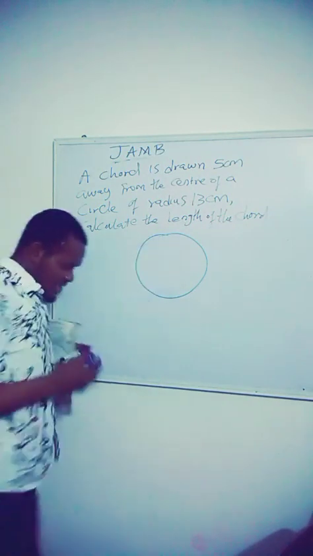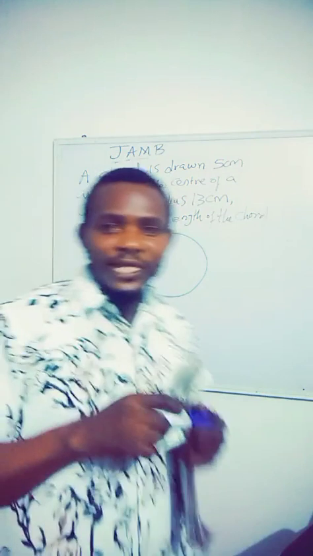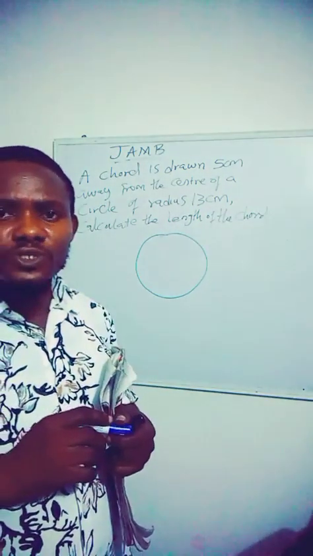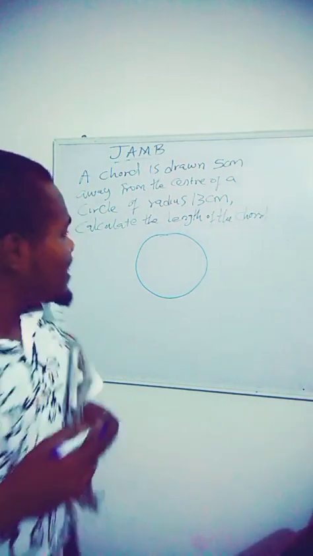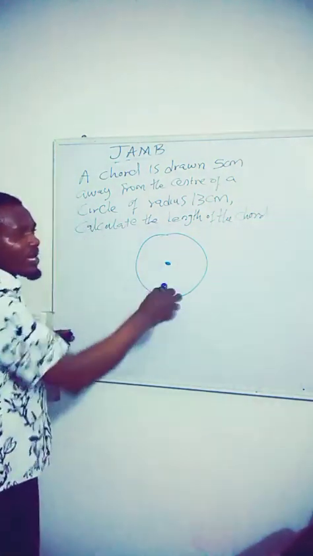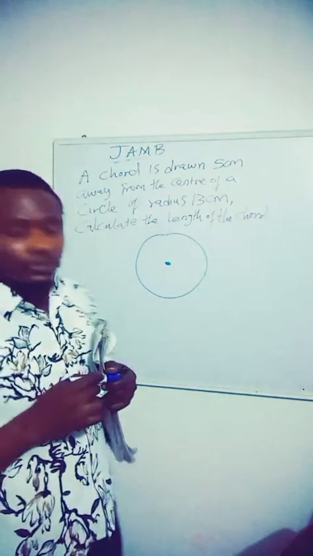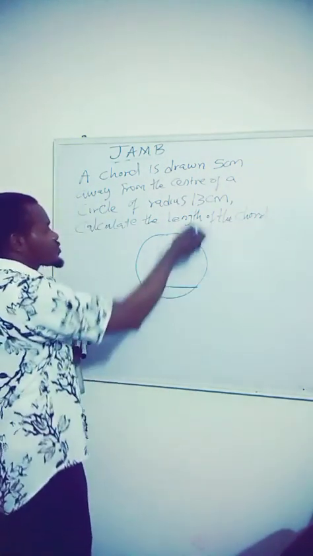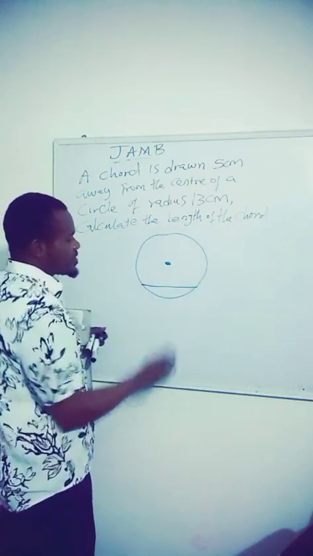A chord is a line that runs from one end to another end of a circle which does not pass through the center of the circle. Any line that does not pass through the center is a chord. So this can be a chord. This is a chord. This is also a chord. If you draw anyhow, it's a chord.